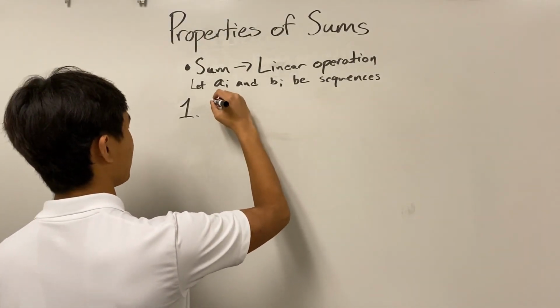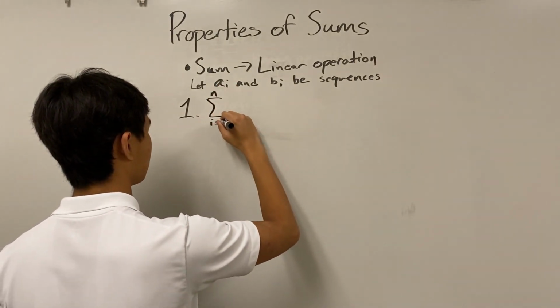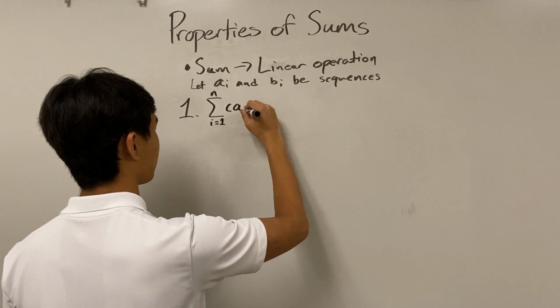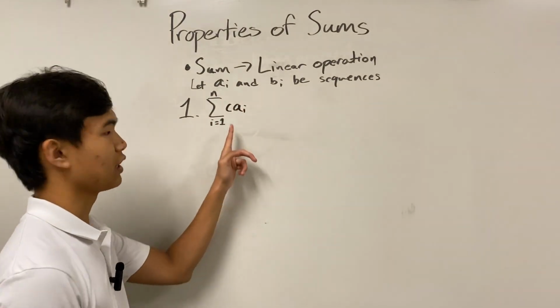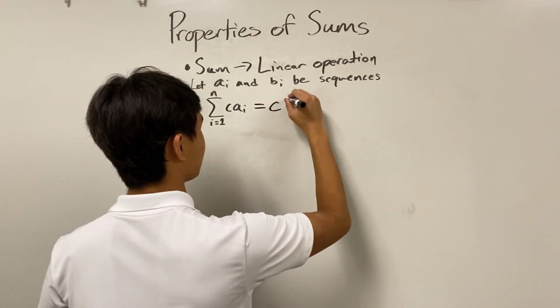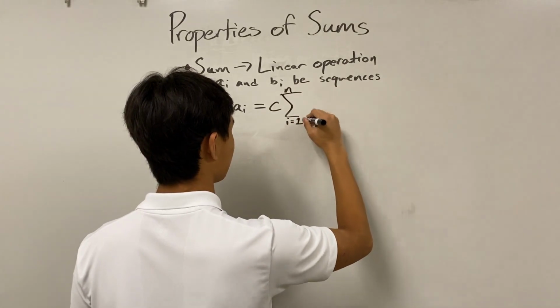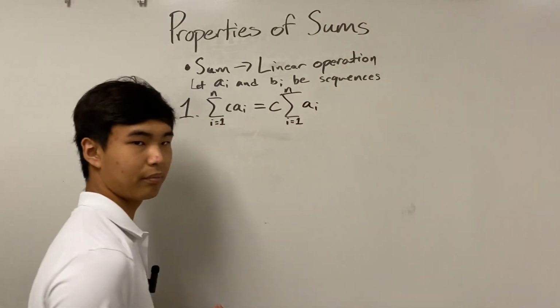So we can do stuff like, if we have a constant times a series, or a constant times a sequence, we can pull out the constant outside the sum, and the series is still the same.